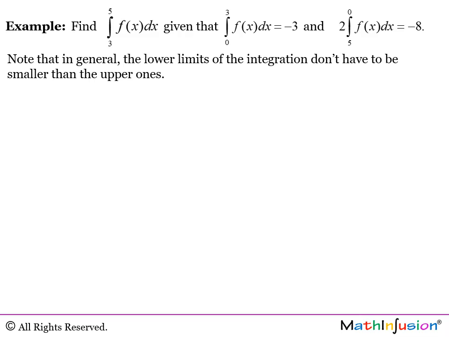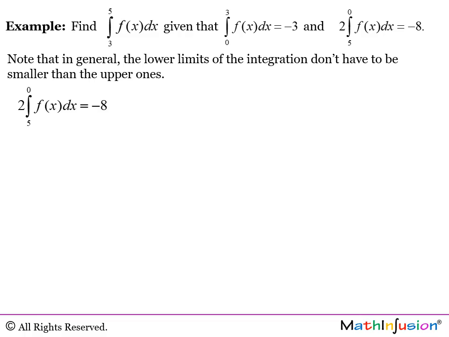Note that in general, the lower limit of integration does not have to be smaller than the upper one. Like for example, look at what is given here. 2 times the integral of f(x) dx between 5 and 0 equals negative 8. Because I recall I can always switch that.